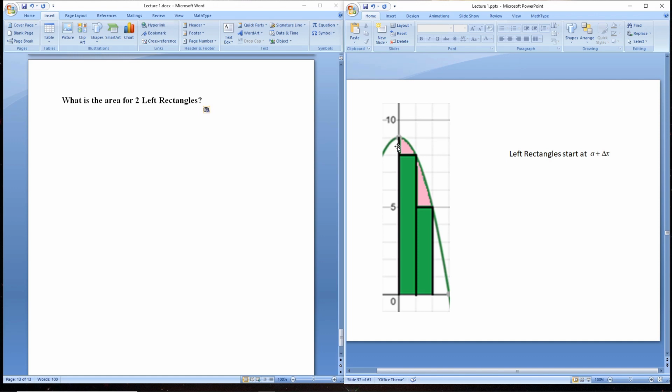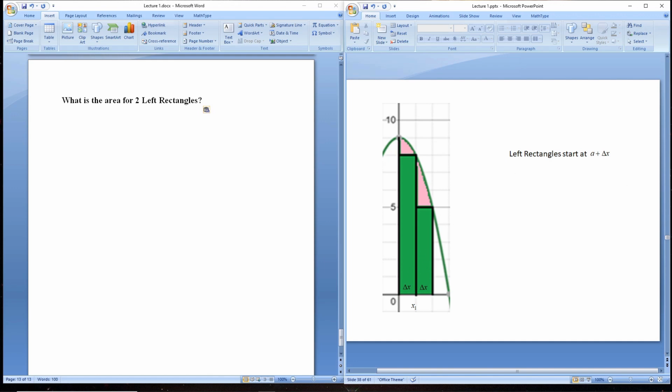So we simply can't draw a left rectangle there. So left rectangles always start at A, our starting position, plus a delta x away. So here is our first position for left rectangles. It's a delta x away from our starting point, and this is always true for our left rectangles.